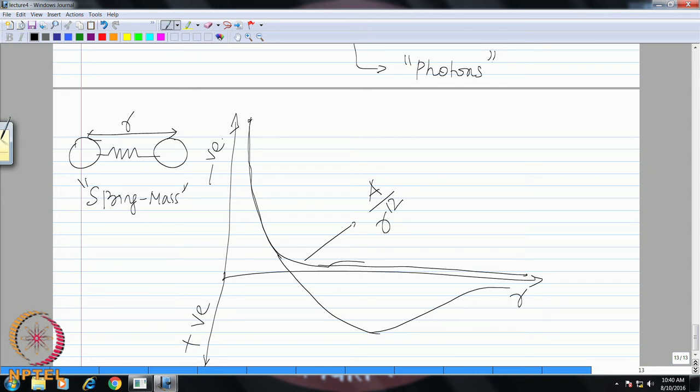This is your repulsive potential. The attractive potential is defined by a curve which is B divided by r to the power 6. This is your attractive potential.